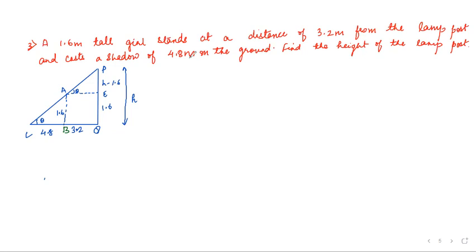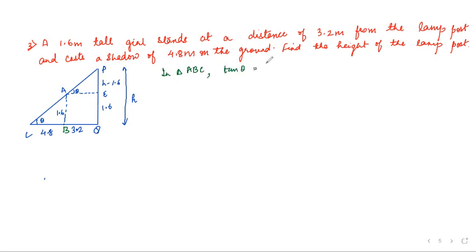So basically, what do we need to find? The height, that is PQ. PQ is the lamp post. I've taken it as H. So if AB is 1.6, EQ will also be 1.6 and PE will be H minus 1.6 because the whole is H. Now, if this is theta, this will also be theta because they are corresponding angles. All right. Now, let us consider first triangle ABC.